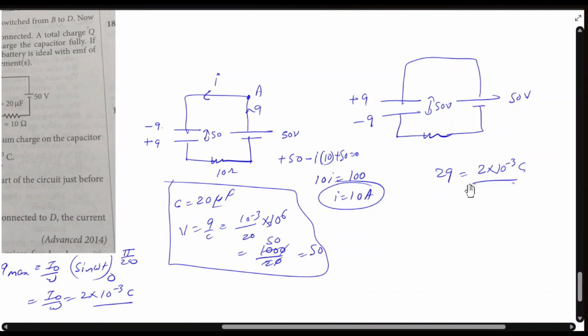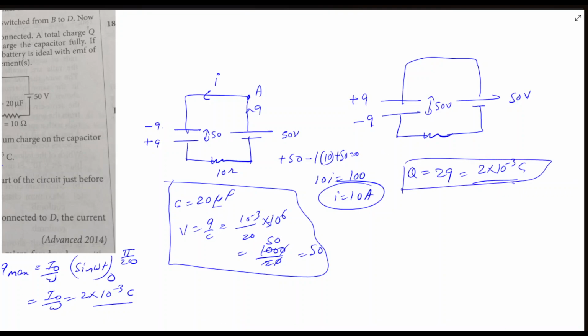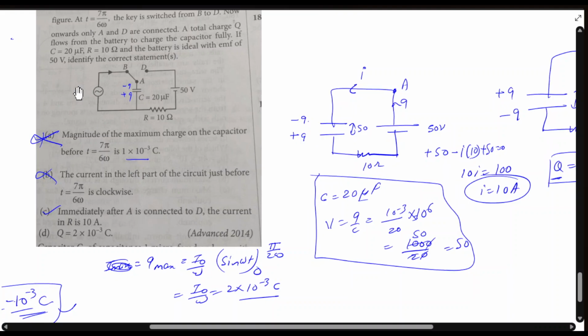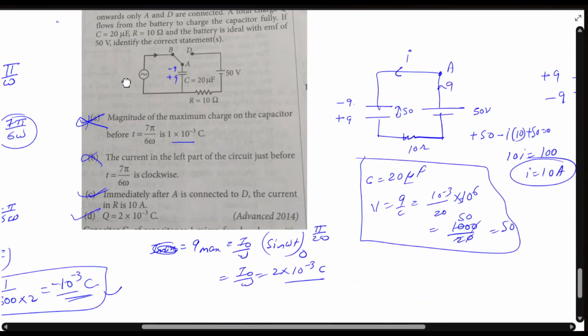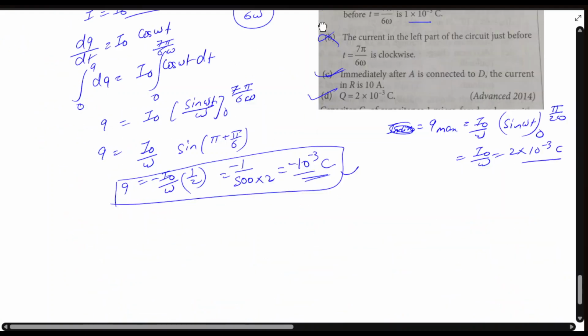And now the charge will become 2 into 10 raised to power minus 3. So look, the charge is Q, but the battery provides a plus capital Q charge, which is 2Q. Okay. So D will be the correct option. So C and D are the answers. Let's move on to our 12th question. So this was quite interesting, right?